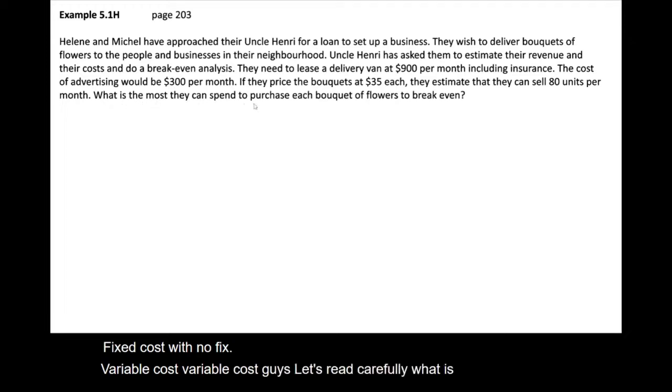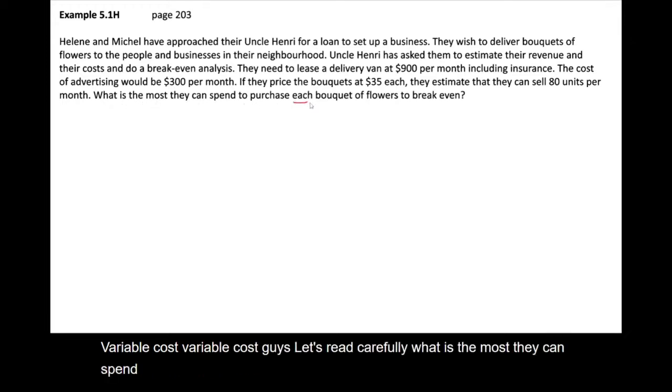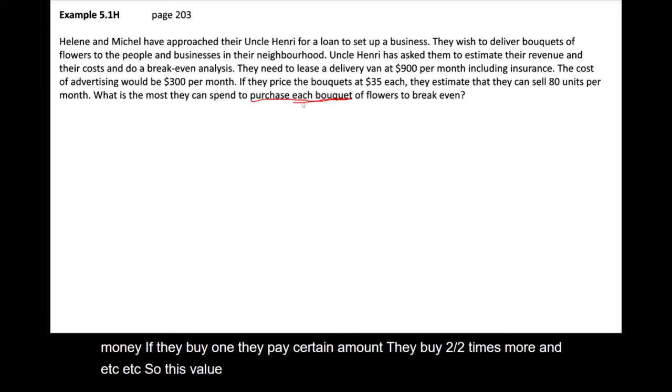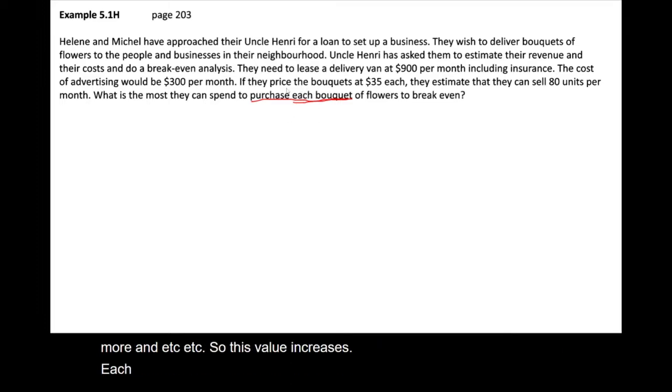What is the most they can spend to purchase each bouquet? So purchase each bouquet means they spend money. If they buy one, they pay a certain amount. They buy two, and etc. So this value increases each time you increase the number of units. So it's variable cost. That's what we're looking for.